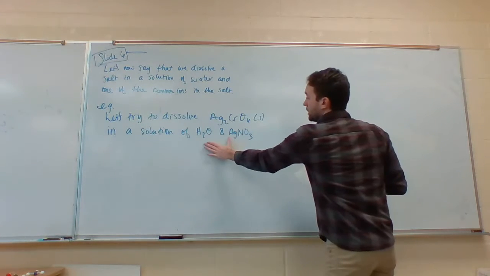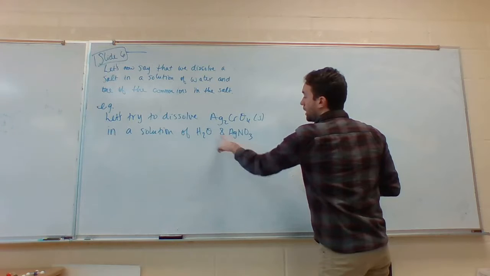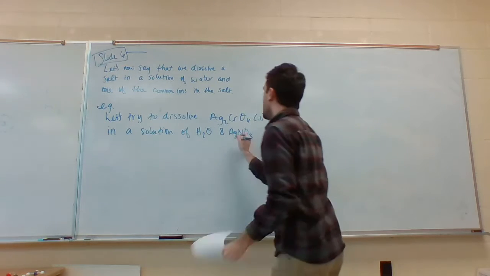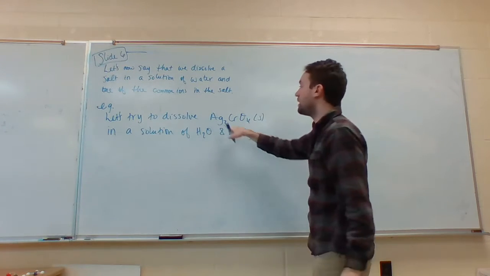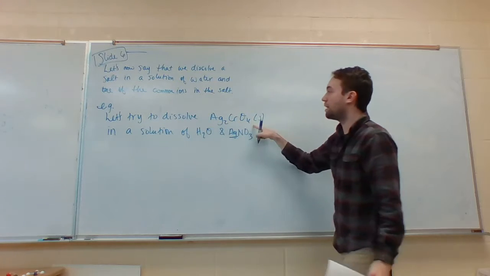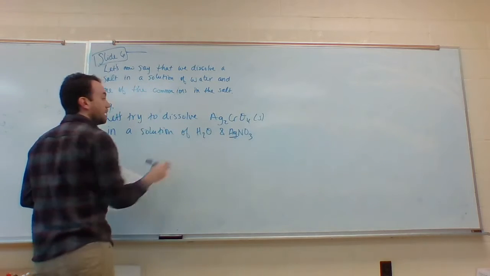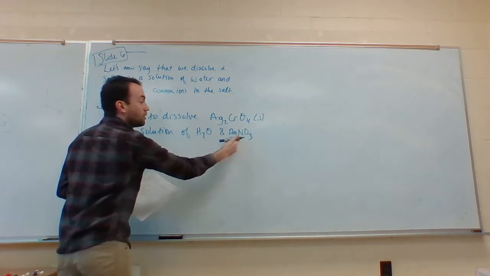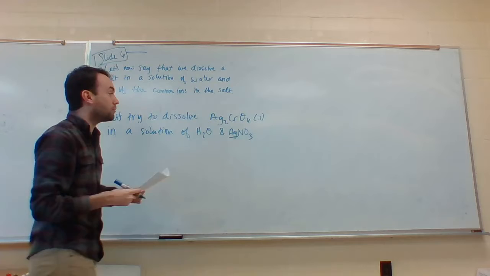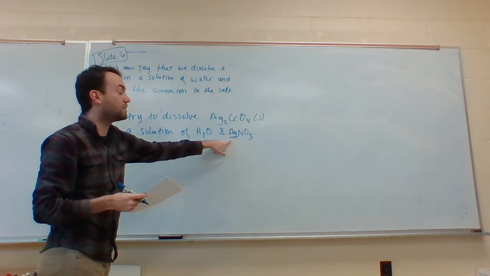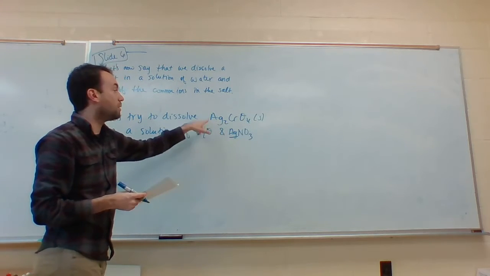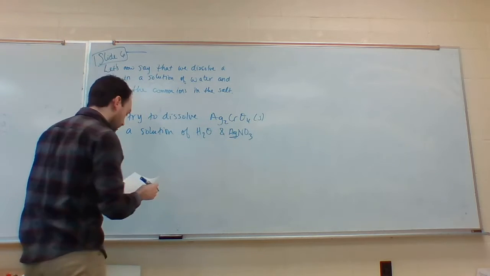Notice that this solution is made up of water and a salt that contains a common ion, or an ion that is the same as one of the ions in our salt. Notice that silver will appear. Now, silver nitrate is fully soluble, so it will completely dissolve, which means we will have silver ions in the solution that we're trying to dissolve our silver chromate in.